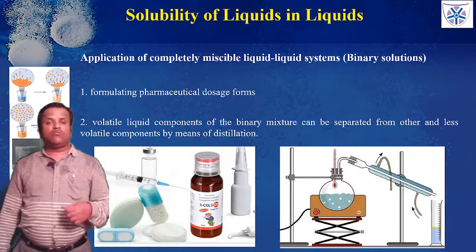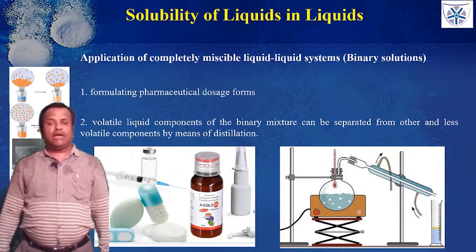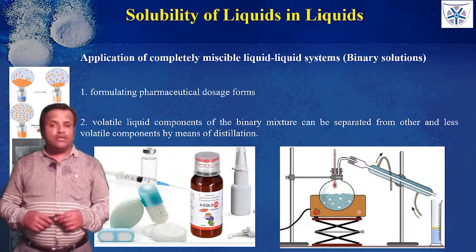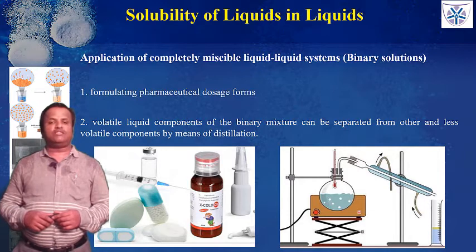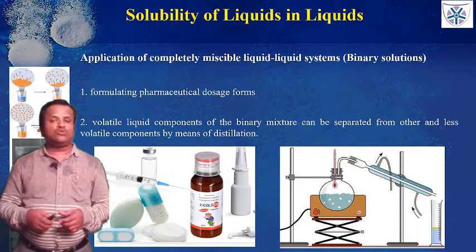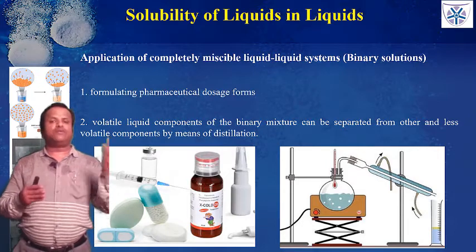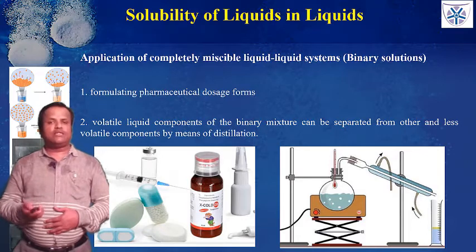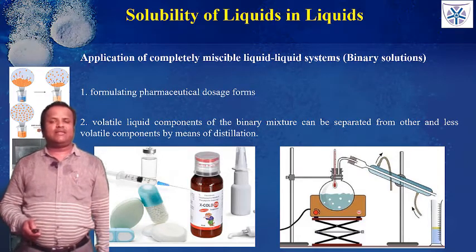The second one is volatile liquids. Components of the binary liquid mixture can be separated from other liquids and less volatile components by a simple process called distillation. Through that we can separate one liquid from another liquid where the volatility is different. These are the applications of liquids in liquids.